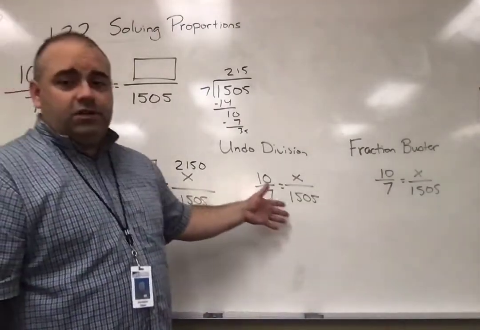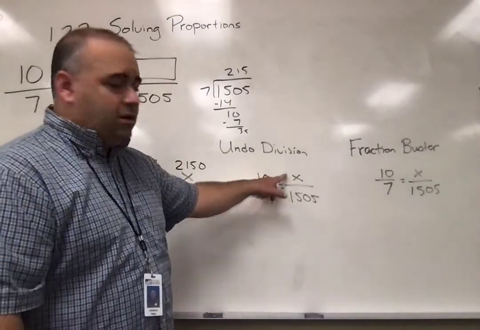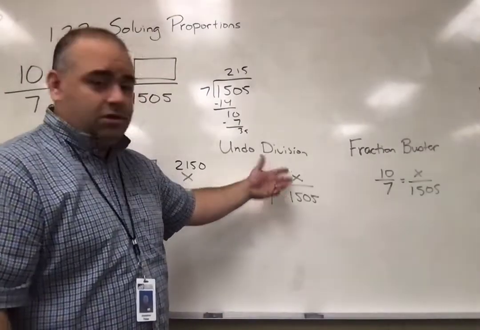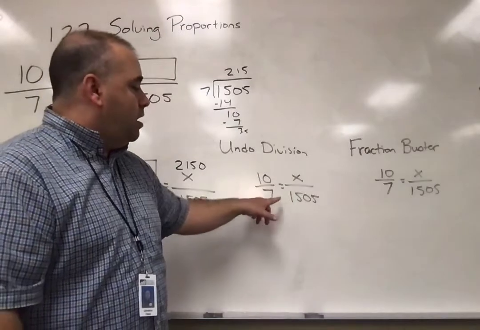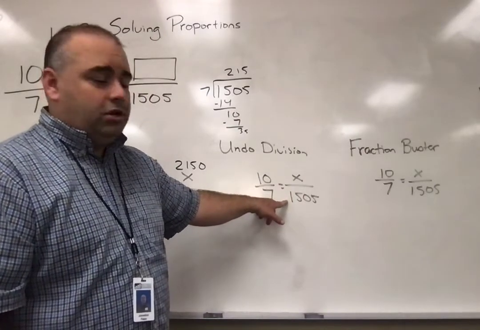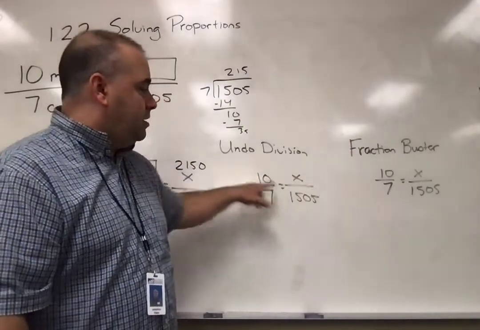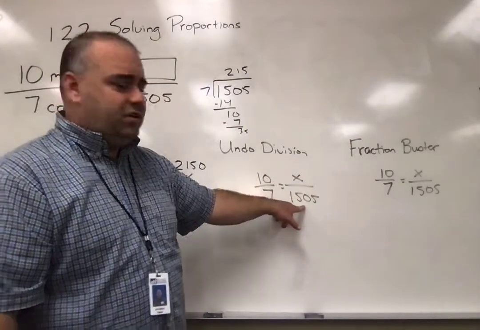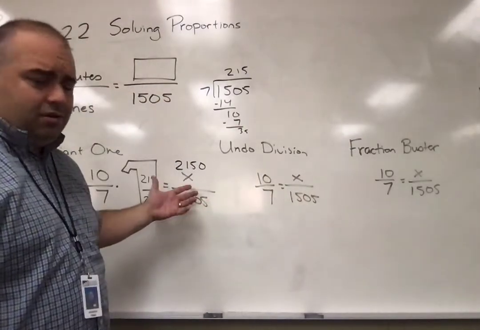The undoing division kind of works like this. If you have your missing number, your x in this case, which is a letter but stands for a number, we want to get rid of this bottom denominator. So what we're going to do is multiply both tops by 1,505, which is kind of the same thing we did here, but a little bit different.